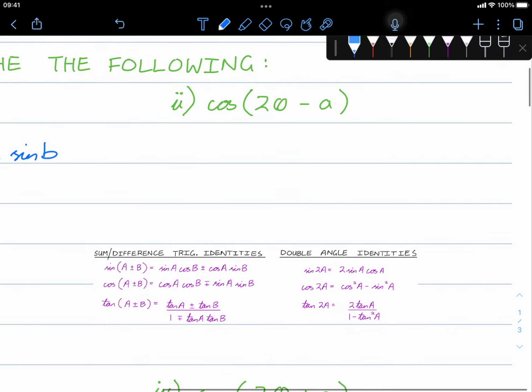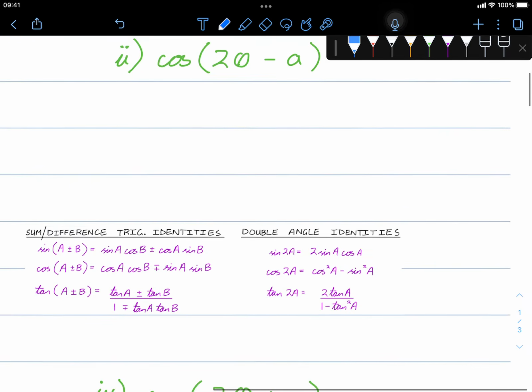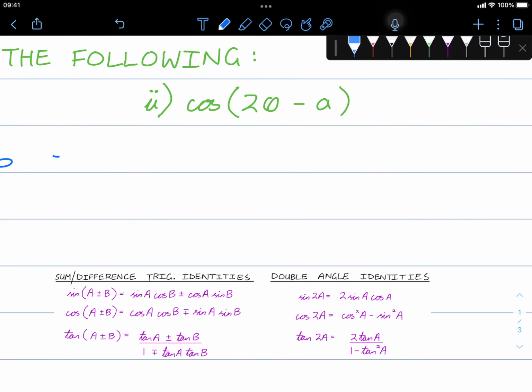Let's take a look at it again. Instead of it being A, well, A becomes 2 theta, and B becomes little a. So we're going to look at this identity here. So it becomes, let's use a different color so as not to mix it up with the previous.